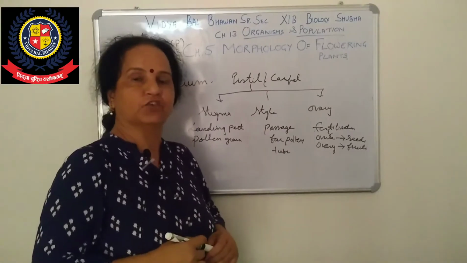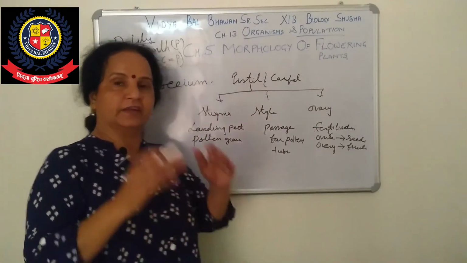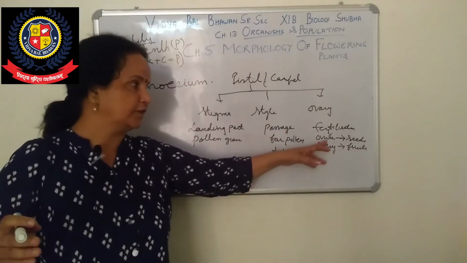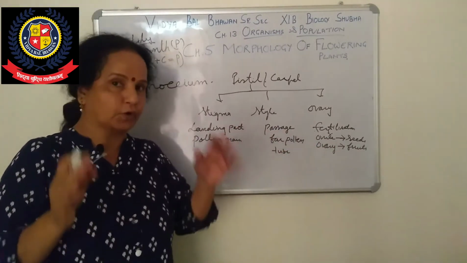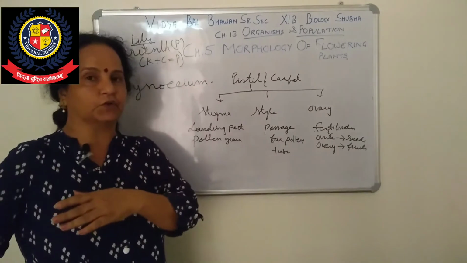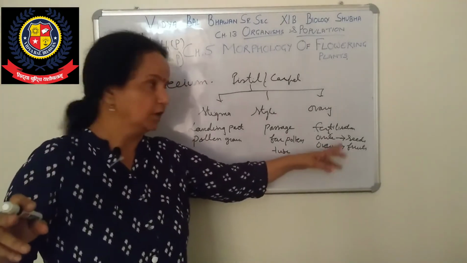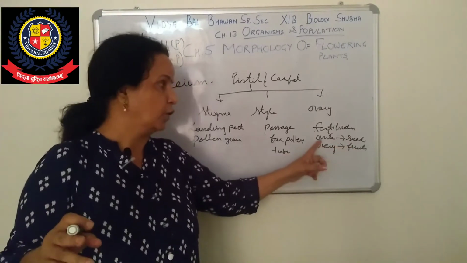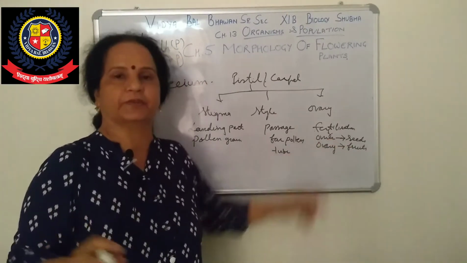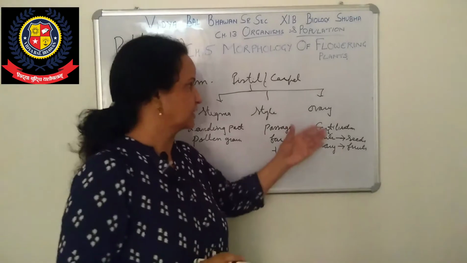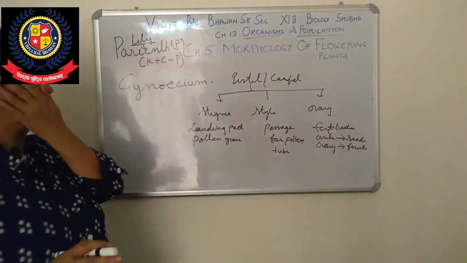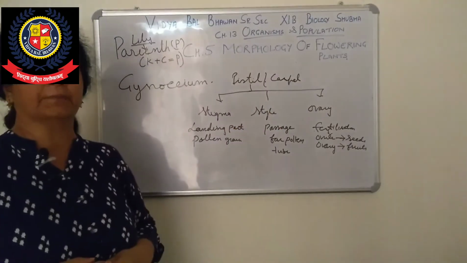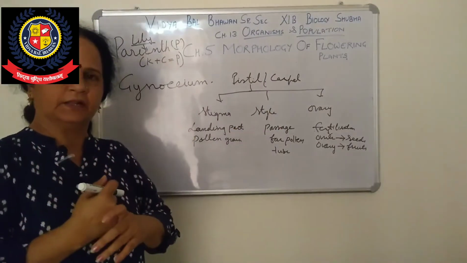So in angiosperms, seeds are enclosed in the fruits. The seeds are inside the ovary, because after fertilization the ovary converts into fruit and the ovules turn into seeds. Now, when there is a single carpel, there is a single ovary.